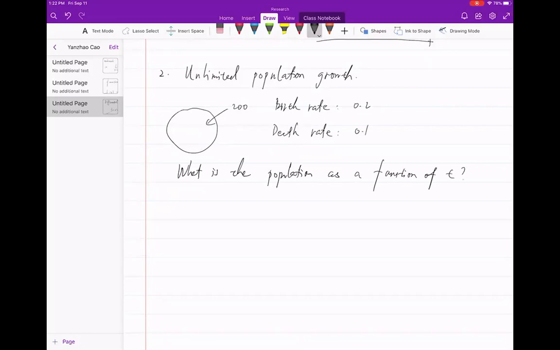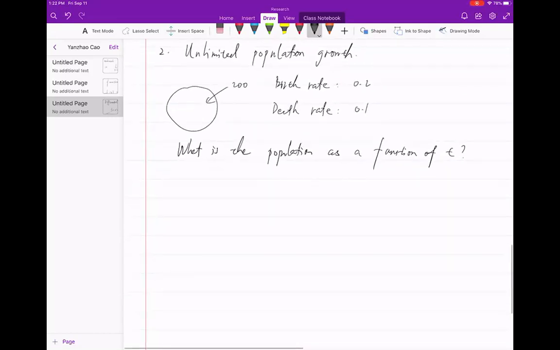Do they just grow linearly, quadratically? Do they grow like a sine? Do they grow like a tangent? Probably not tangent, right? Okay. Then what we can do is take this y to be the population. Technically, it's y of t, y as a function of t.